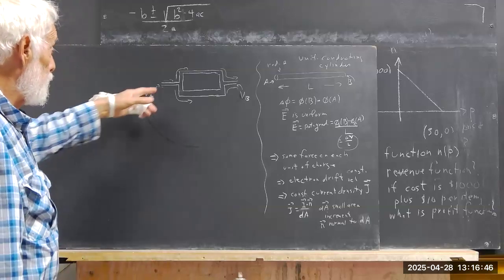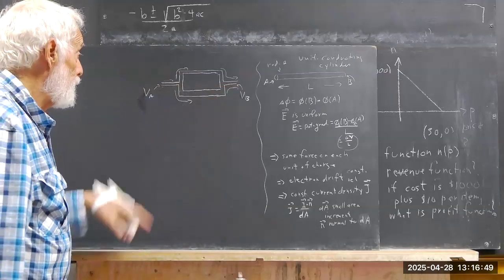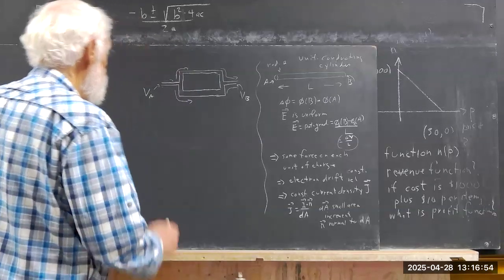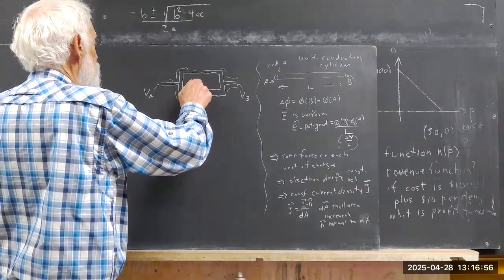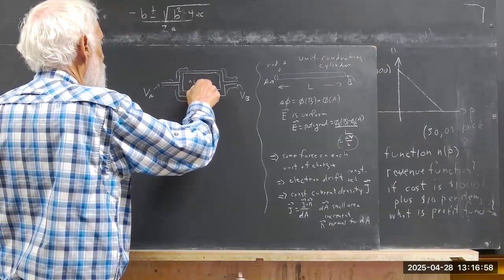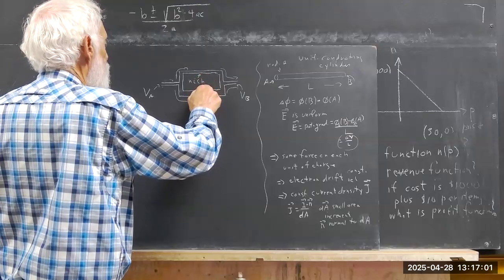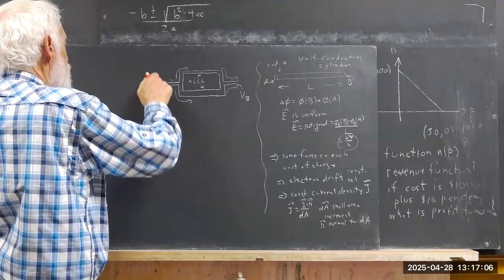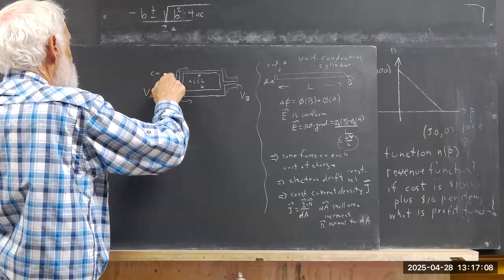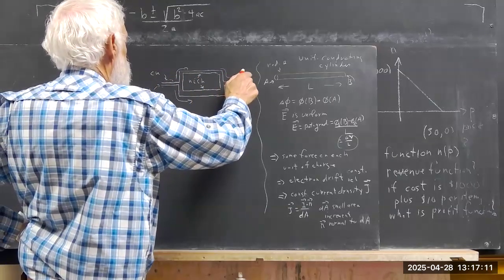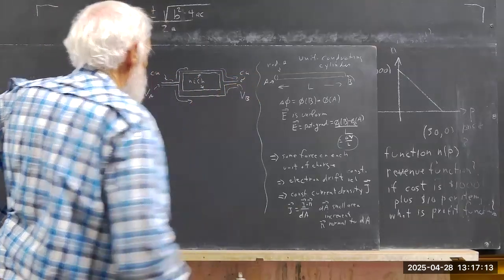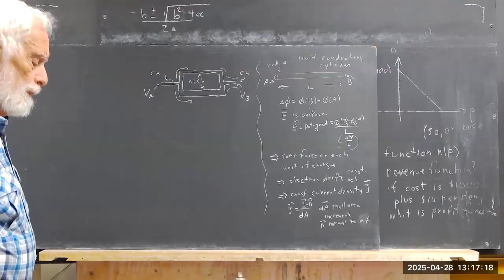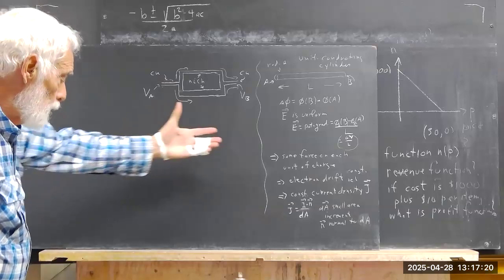So think good conducting copper here and nichrome here and here. Makes sense? Okay. What happens?